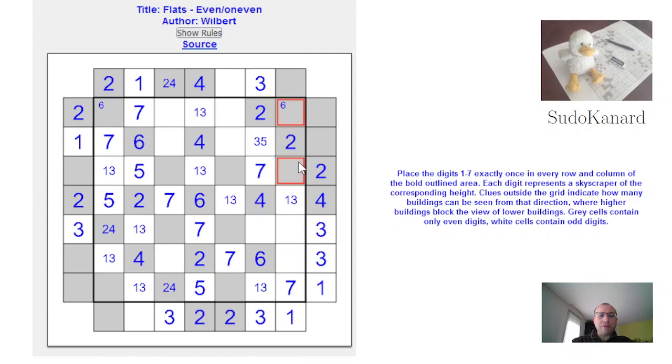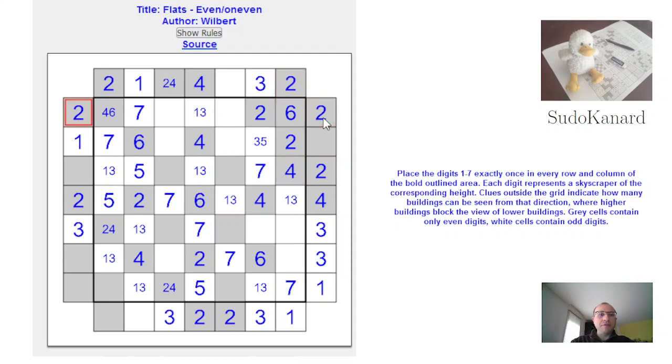Here we have a 4-6 pair. Here we also have 4 or 6. And what about that? If I put a 4 here, then I will see the 5 somewhere and the 7, and this will have to be a 3, which is not an even number. So this is a 6, this is 4.